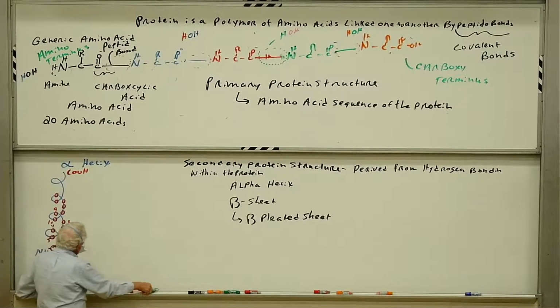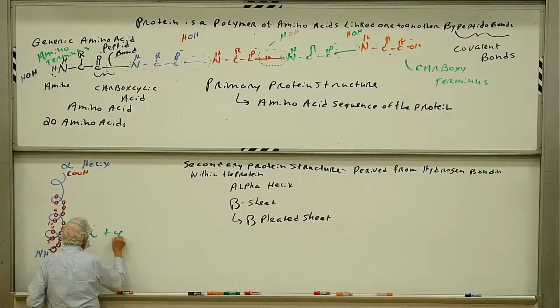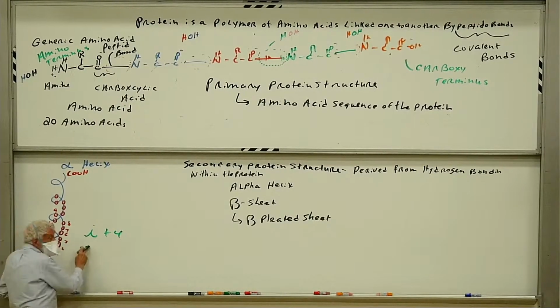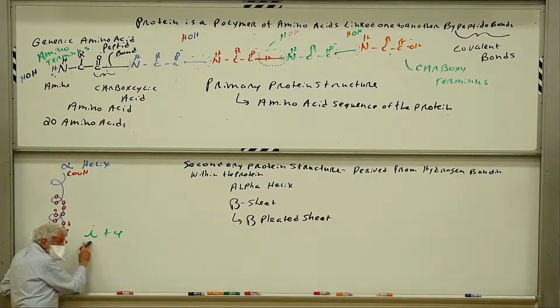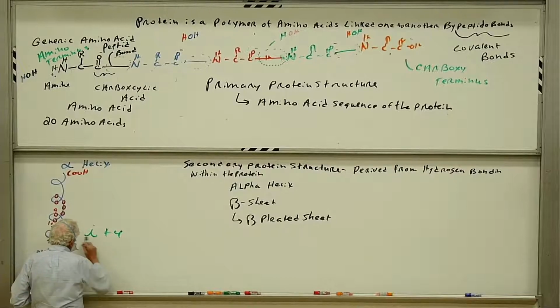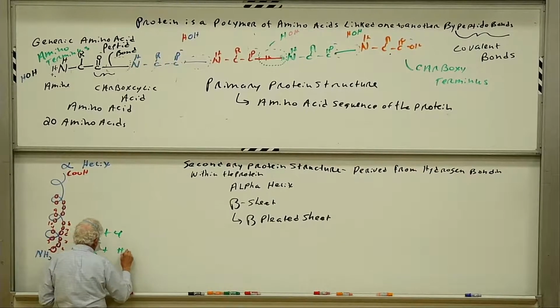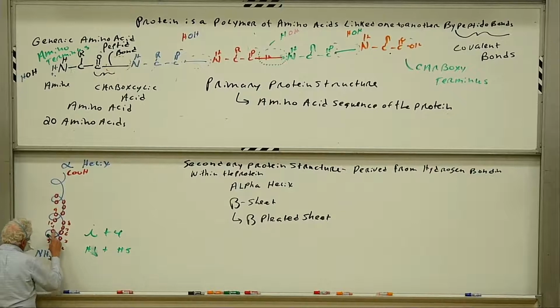There's a formula, and the formula says that it's I plus 4. So if we think of I being the first amino acid down here, then it's going to hydrogen bond at 1 plus 4, so it's going to hydrogen bond to number 5. So 1, 2, 3, 4, 5.